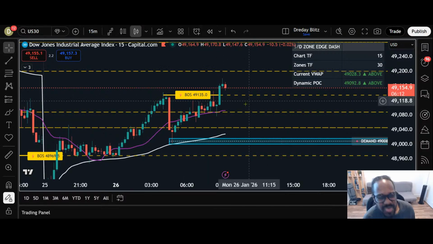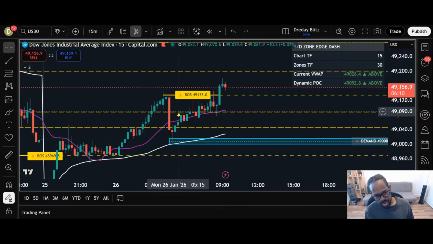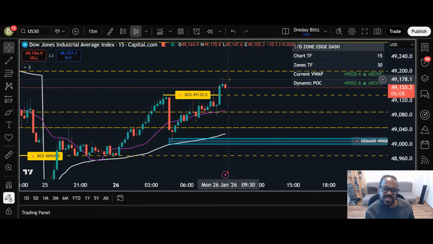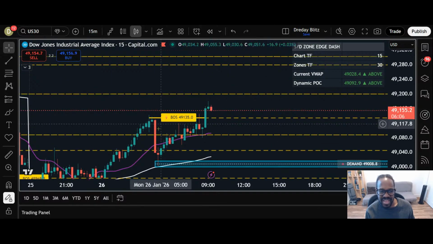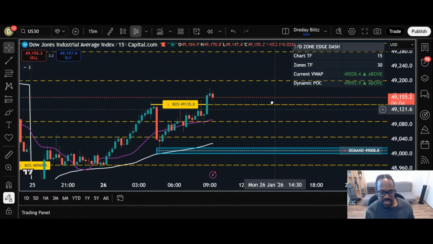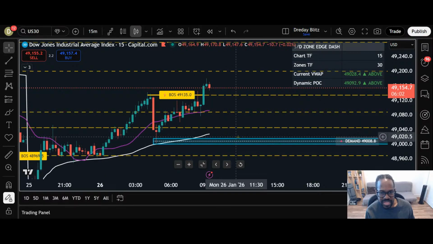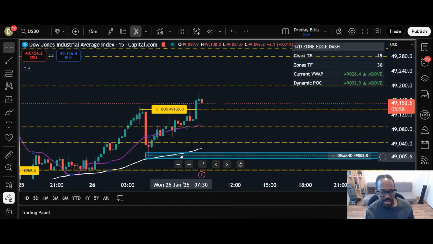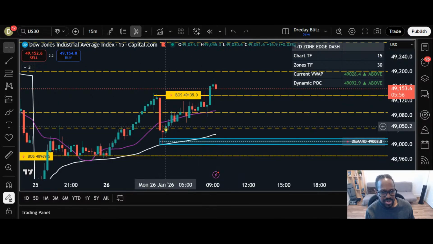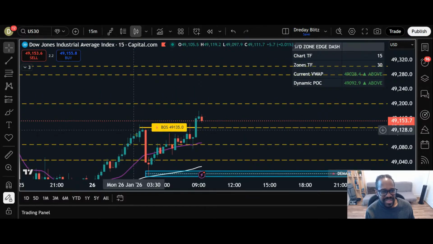The point of control is used as a support or resistance zone for the price. You also have a break of structure and the supply and demand zones. Right now you have the demand zone right here, which means there were a lot of buyers at that point that pushed the price up. We had a supply zone that was broken to the upside.